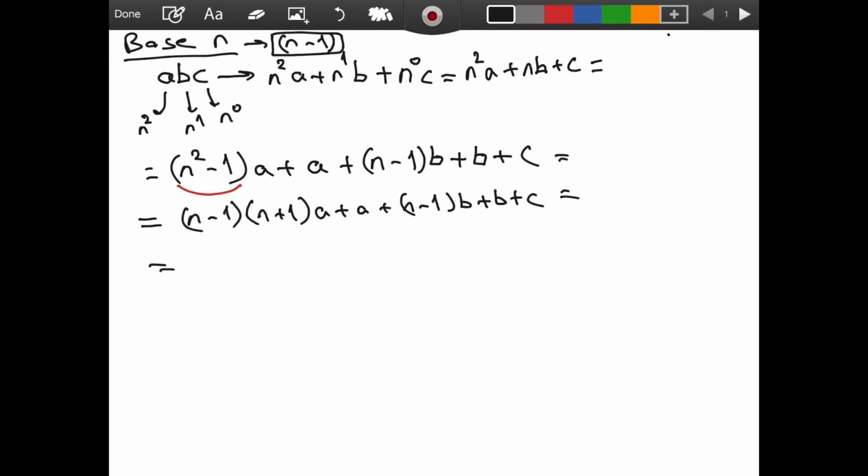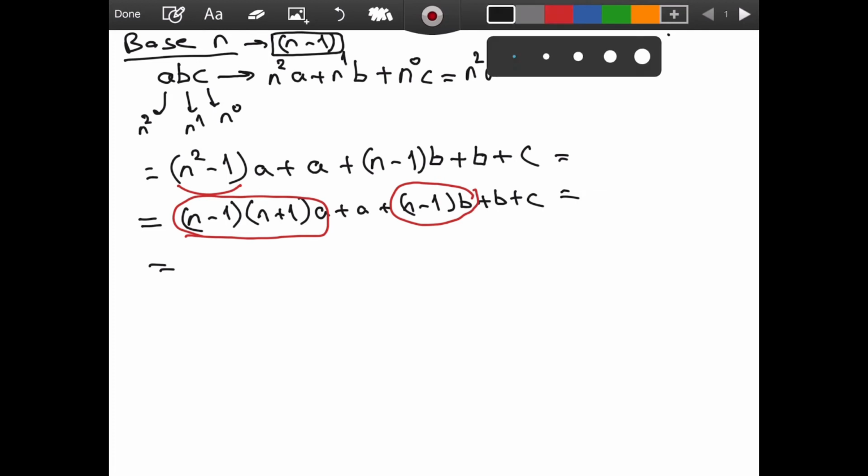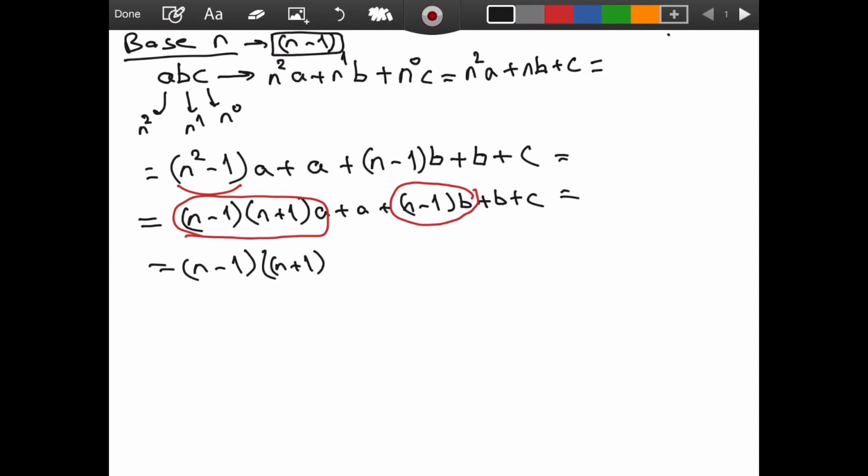And now we will do a factorization, because we noticed that in these two terms, n minus 1 is a common factor. So we factor n minus 1 out, and we have n plus 1 times a plus b. Then we have plus a plus b plus c.